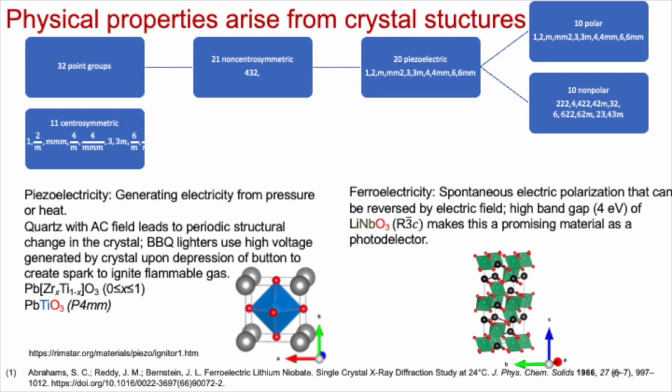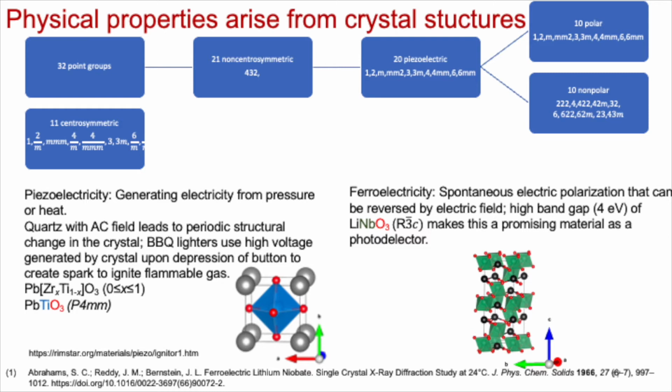If you said PZT or lead titanate, but cubic, that's not so interesting. But once you start communicating that it's tetragonal, then you know which way you should orient the crystal to maximize the poling and also to maximize the electric effect based on the pressure that you apply, right? So that has huge implications.